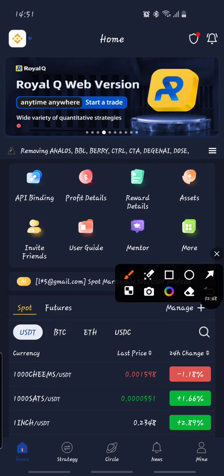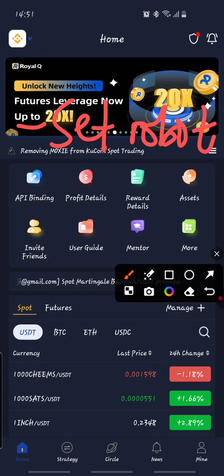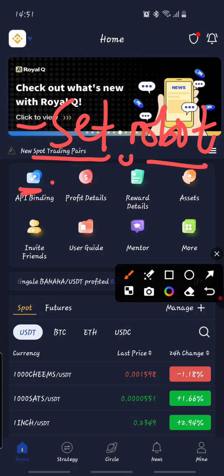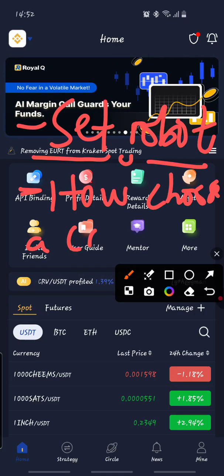Number one, how to set your robot, according to your capital. Secondly, how to choose a coin to trade.